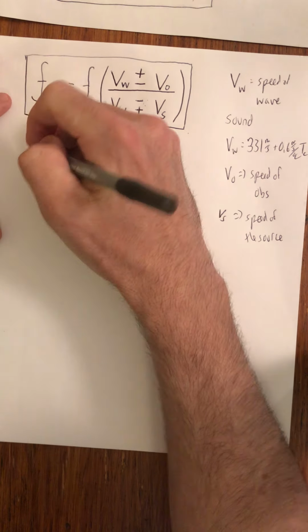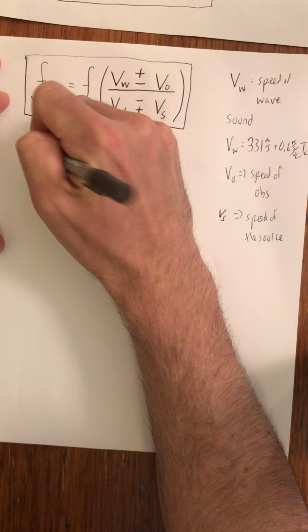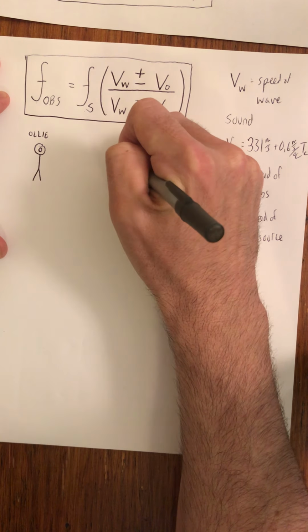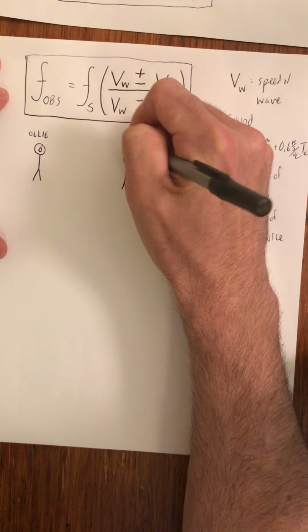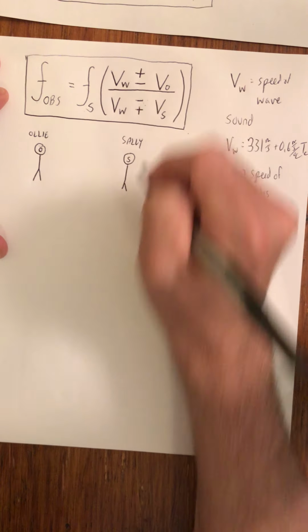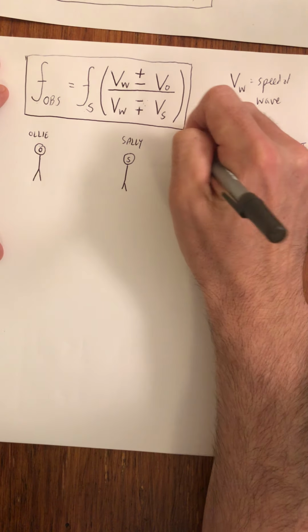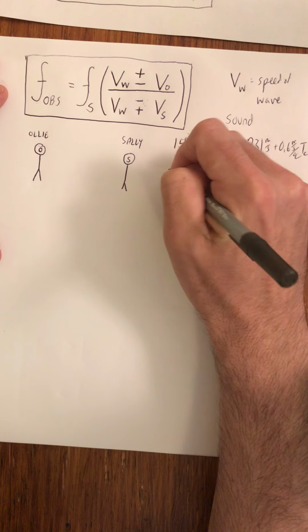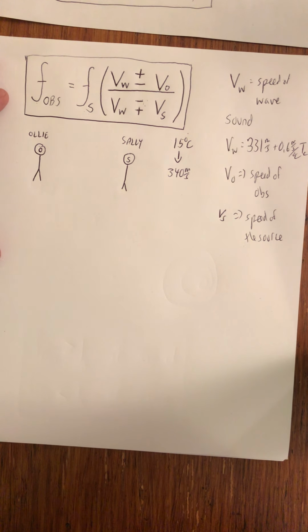So here we go. Let's say I have an observer. Here's my observer, Ollie the observer, right? Here's Ollie. And let's say I have a source. Let's say this is Sally the source. All right. And let's say that it is a 15-degree Celsius day. You could do the math, but that's going to be a 340 meter per second speed of sound.